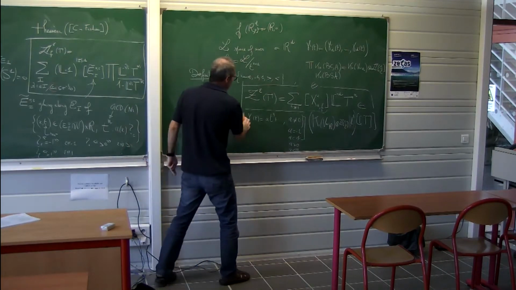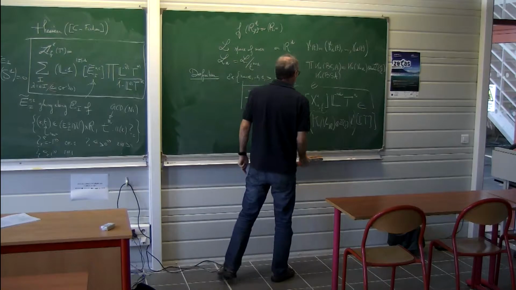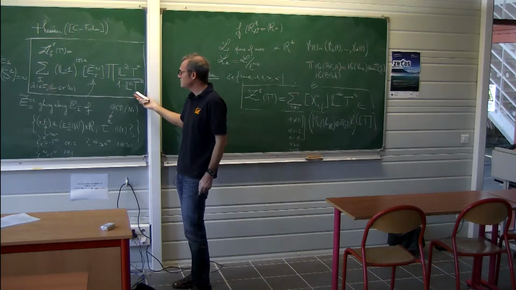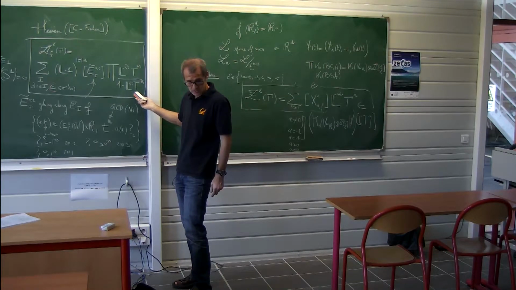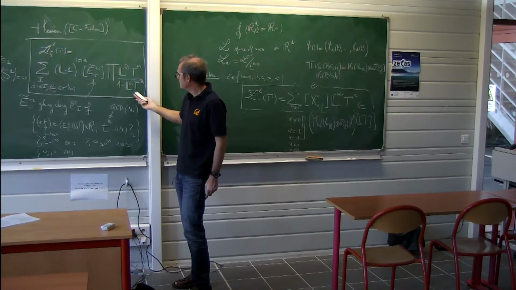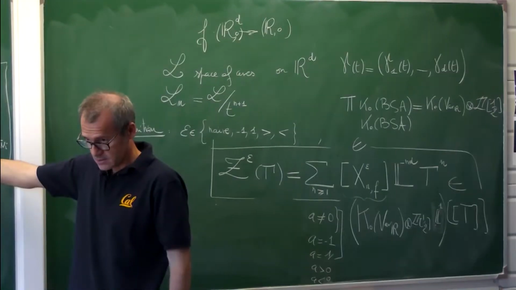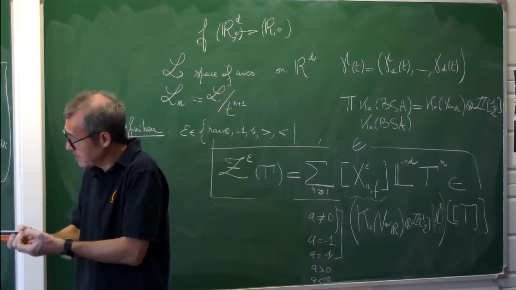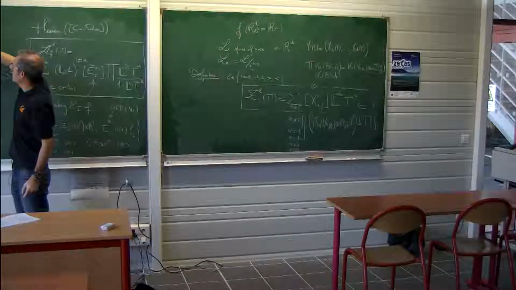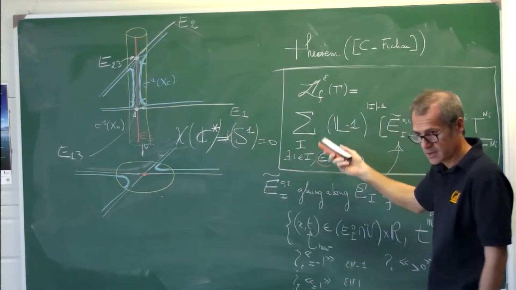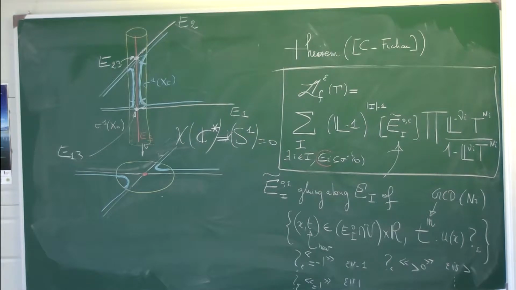What is clear at this level is that this expression seems to depend on the choice of the resolution. Because the nu_i, N_i, and those guys depend on the choice of the resolution. Depends on the picture I draw here. If I take another resolution, I have another expression. But what is for sure is that this guy does not depend on the choice of the resolution.